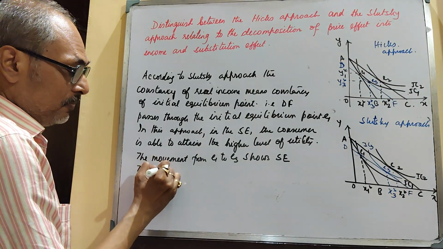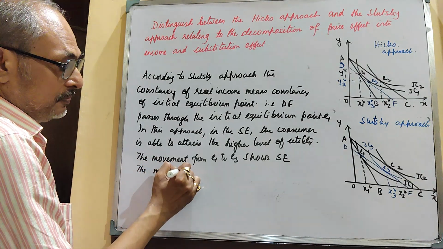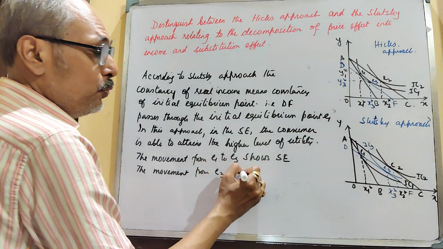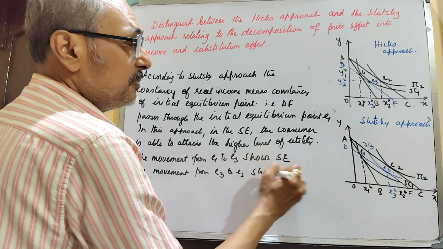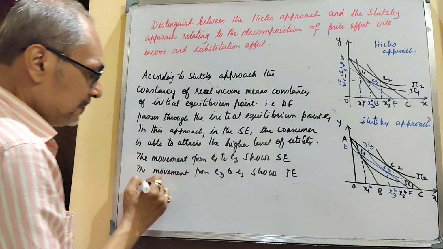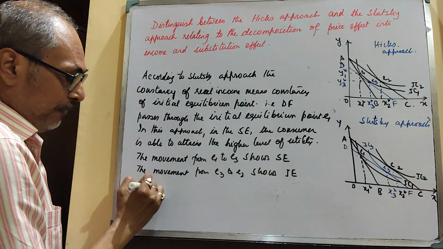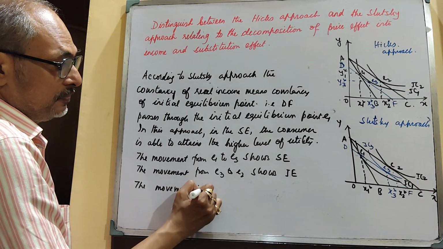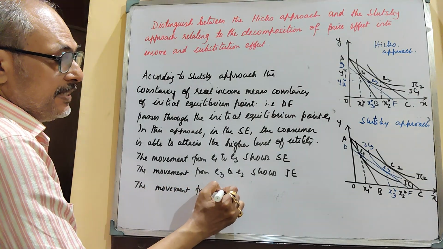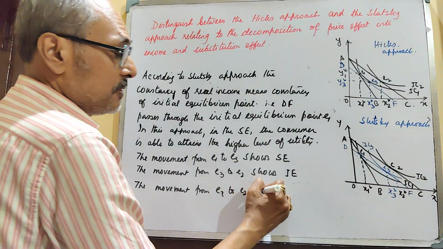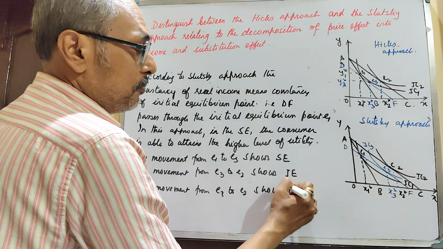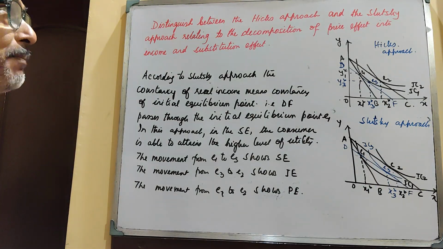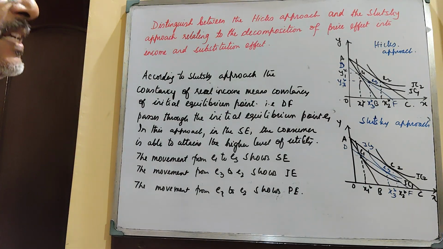The movement from E3 to E2 shows income effect. The movement from E1 to E2 shows price effect. Now, what is the main distinction between Hicks approach and Slutsky approach?